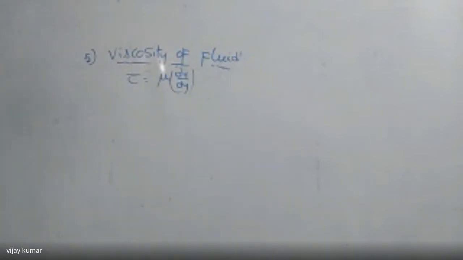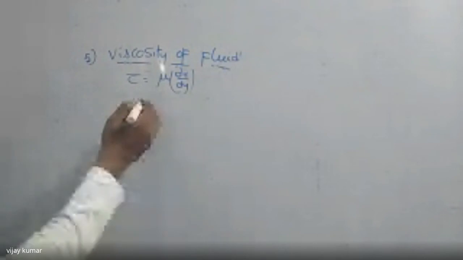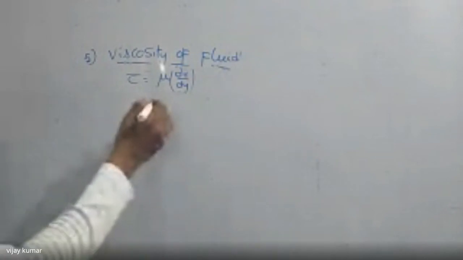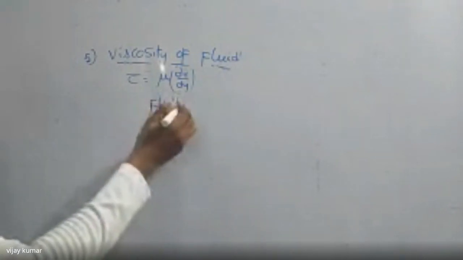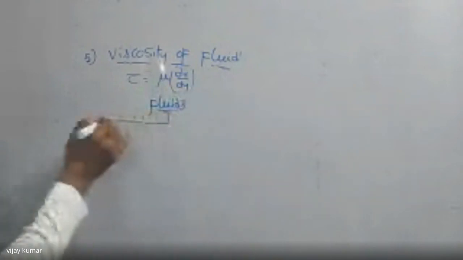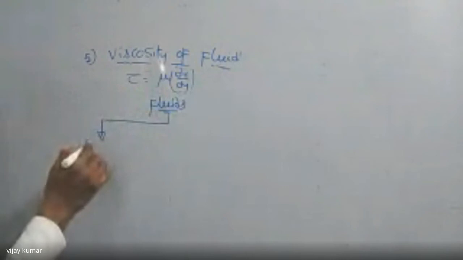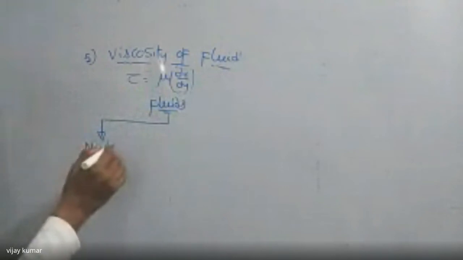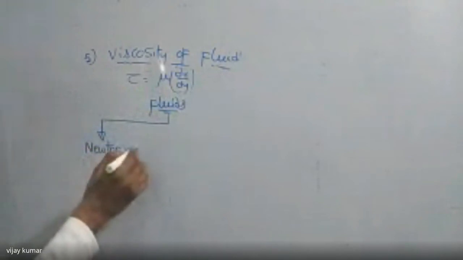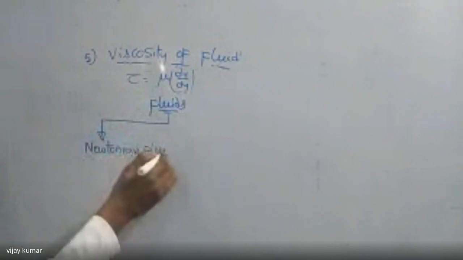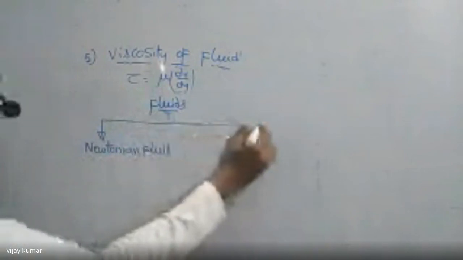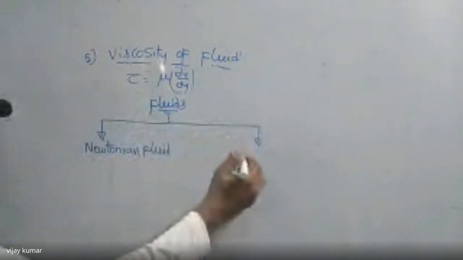Fluids are classified into two types. The first one is named Newtonian fluid. The second one is named non-Newtonian fluid.